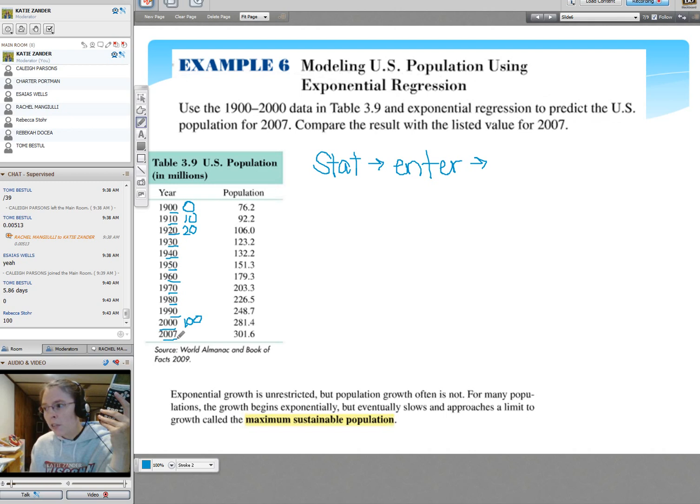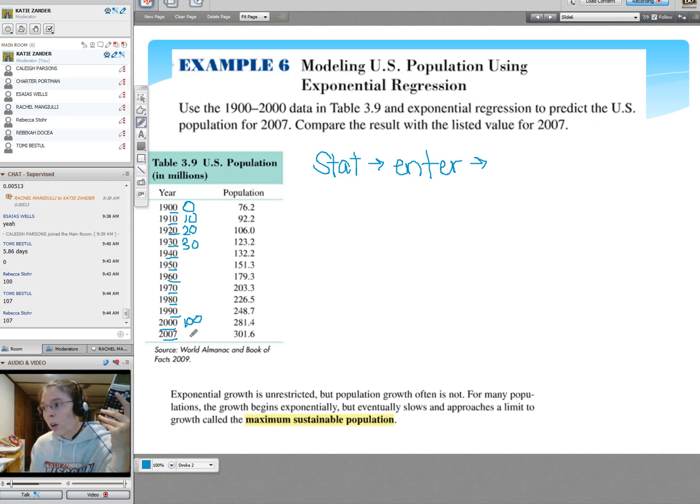How many years from 1900 is 2007? 107, right? So you need to use that as your X data point.